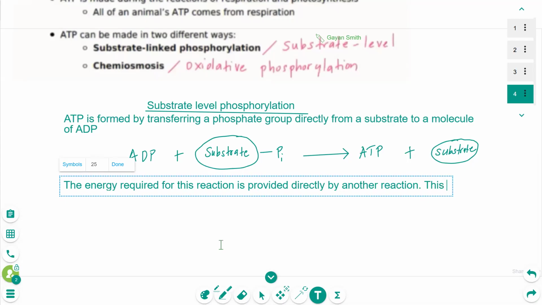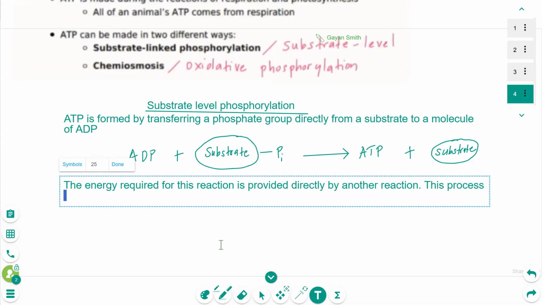And this process usually occurs in the cytoplasm or the matrix of the mitochondria.